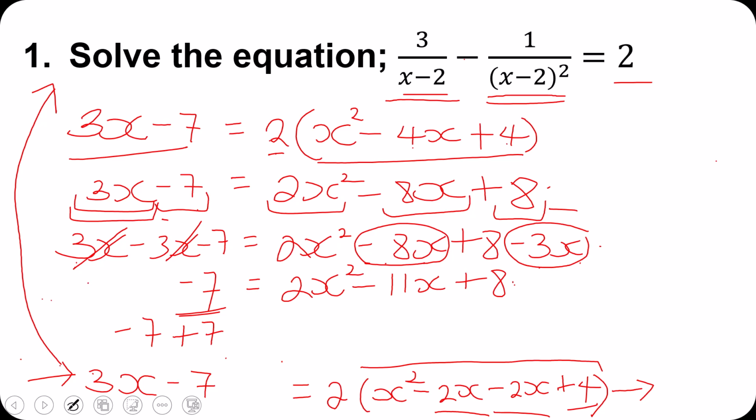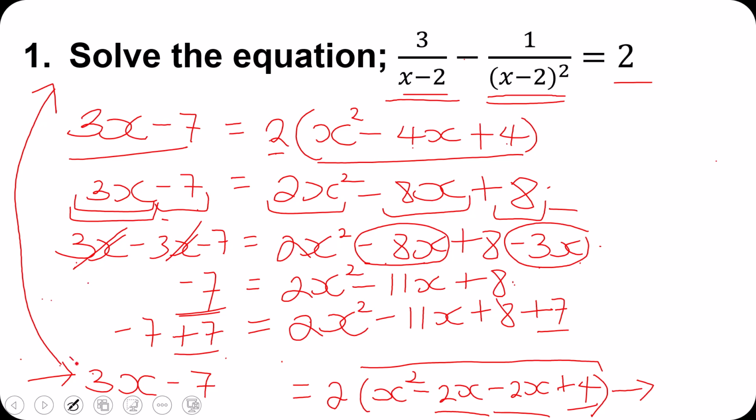Since we need a 0 on this side, we have to add, because this 7 is a negative. So we shall say negative 7 plus 7 will now equal to 2x squared minus 11x plus 8, then plus 7. Since we have added a 7 here, we must do it also on the right.